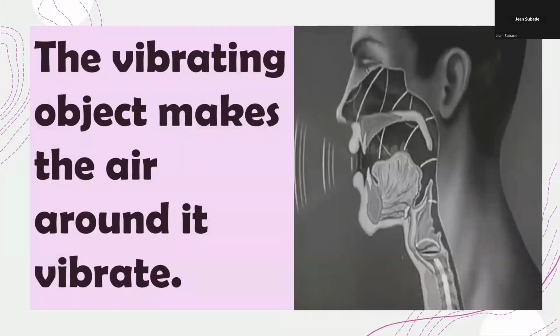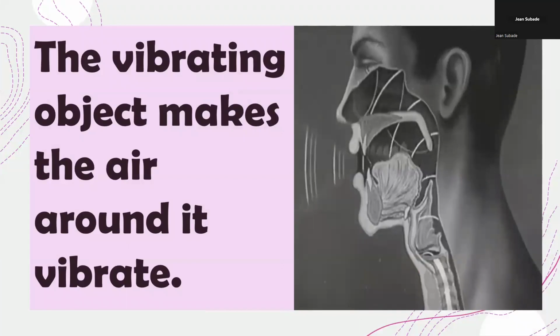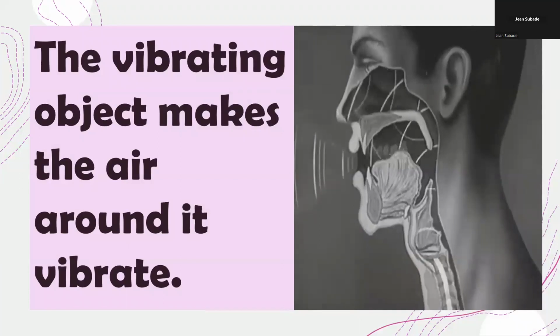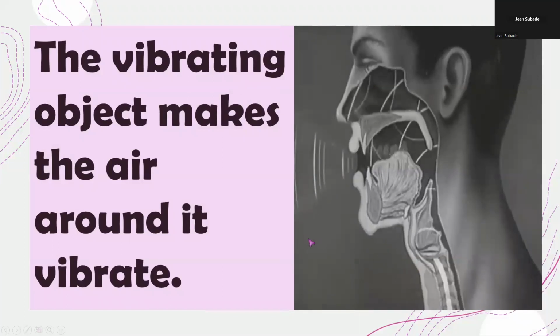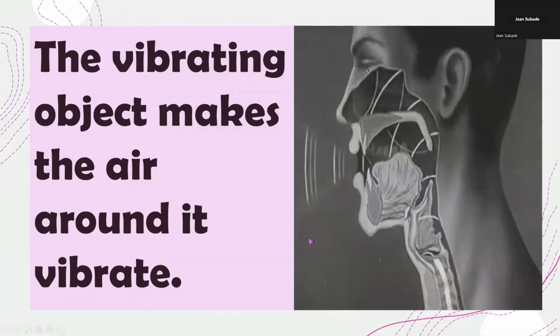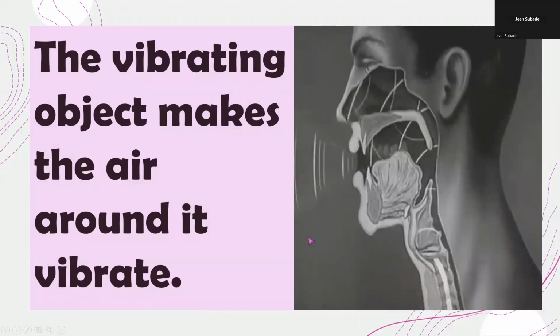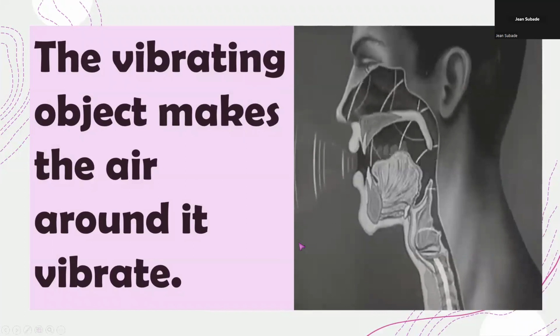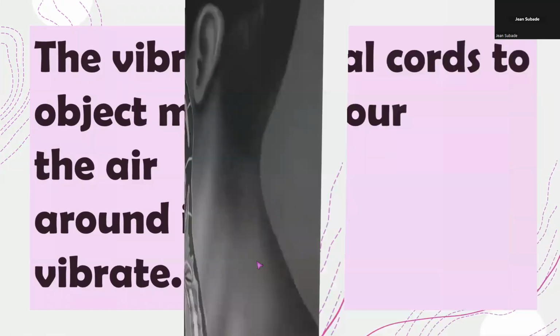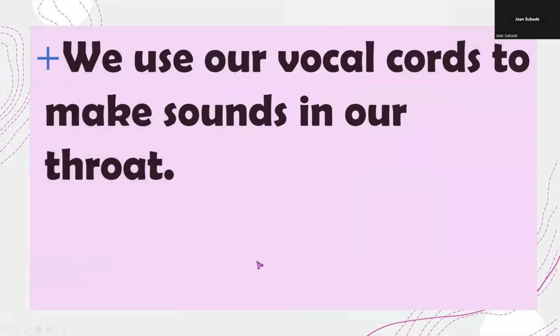The vibrating object makes the air around it vibrate. For humans, our vocal cords are the ones producing the vibration, and then it will pass through your mouth with the help of your tongue, with the help of different parts of your mouth, like the jaw, you're able to speak or to form it in a word.